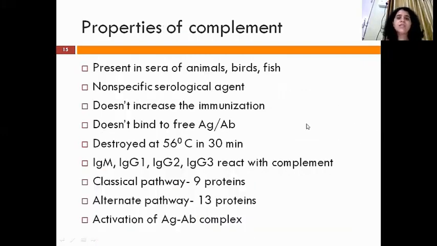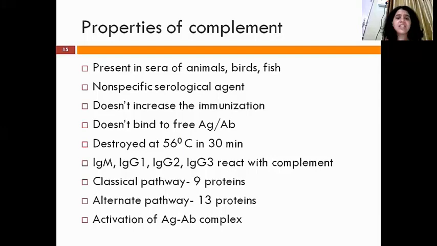Now, what are the properties of these complement proteins? First of all, they are present in animals, birds, and fish. Everywhere they are present. They are non-specific serological agents. So this complement system does not get activated only on the presence of a viral infection or bacteria. It gets activated on any kind of infection.